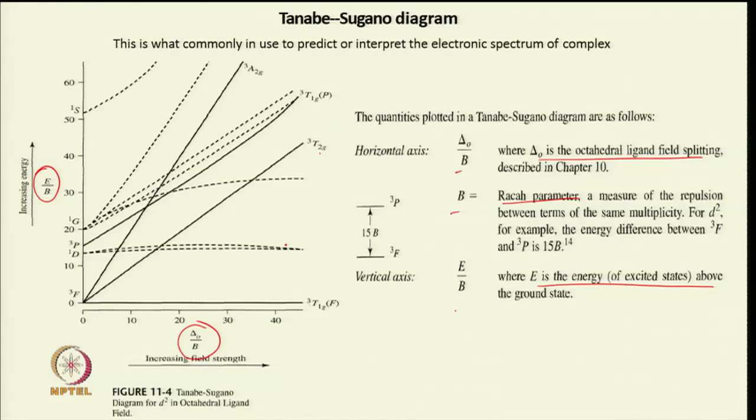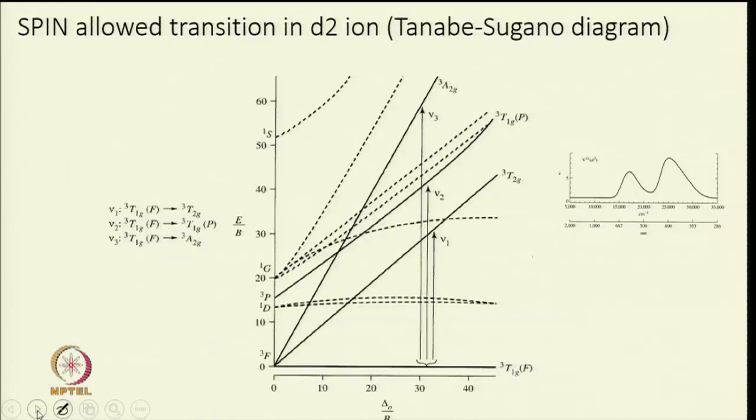1D will go into 2, and you see 1S will go into 1, and these three are shown in bold because they have similar multiplicity. You see here multiplicity is 3, multiplicity is 3, multiplicity is 3. And so, now we can look at the spectrum.